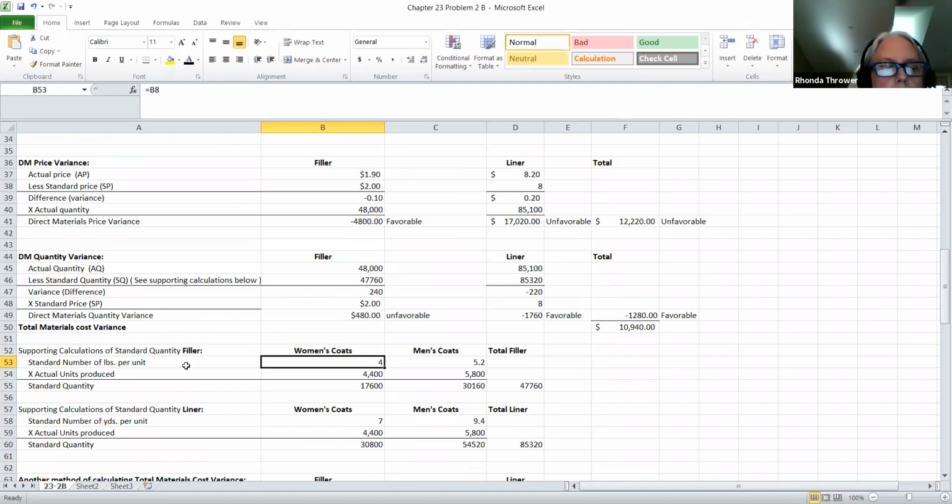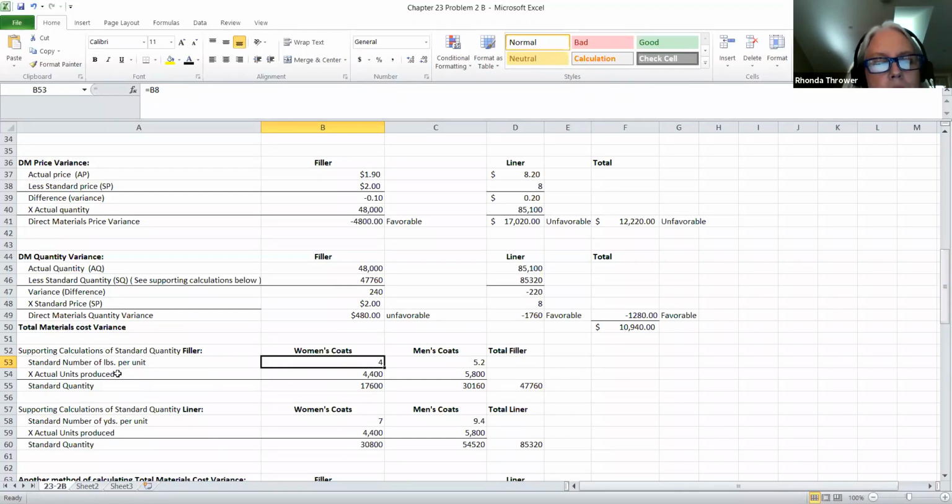We were talking about how to calculate the standard quantity of filler, because you need to show that in the supporting calculation. So we started with the women's coats. We went to our information and we picked up that it would take 4 pounds to produce 1 women's coat.